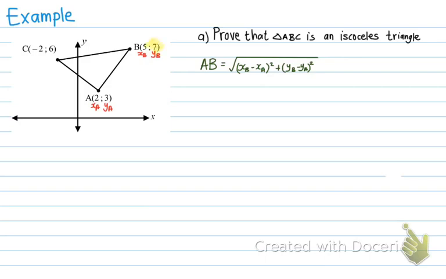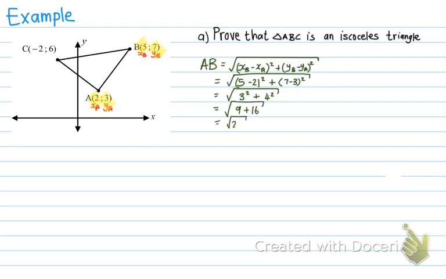XB was 5 minus XA, which is 2. Oh, guys, I'm sorry, I was working with Y. So it's going to be 5 minus 2 squared plus YB, which is 7 minus 3 squared. 5 minus 2 is 3 squared, and 7 minus 3 is 4 squared. 3 squared is 9 plus 16.